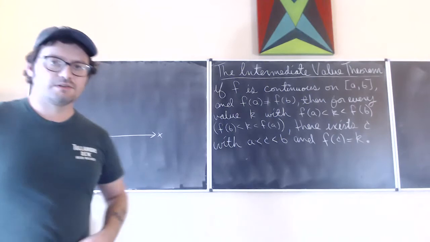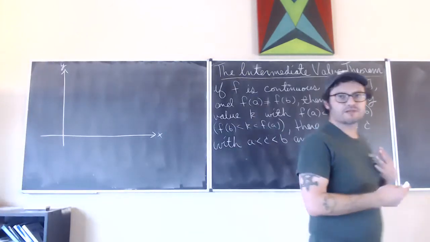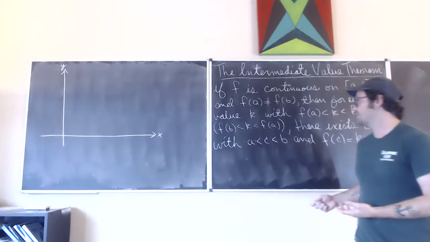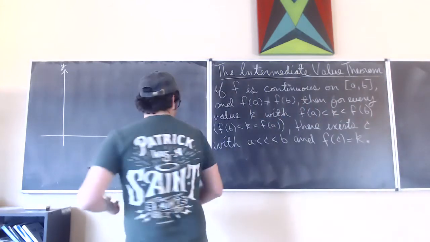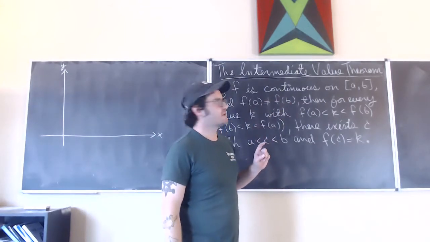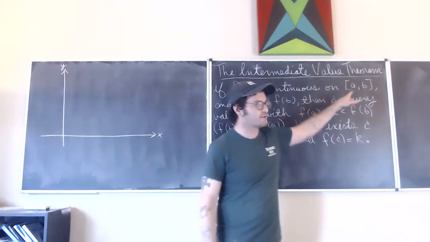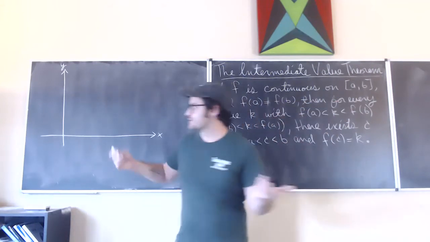Okay, so let's talk about why this theorem makes sense. We're not going to prove it, but let's at least justify why it makes sense. So let's suppose that f of a doesn't equal f of b. Let's suppose that f is continuous on the closed interval ab. So that's what we're going to assume first.